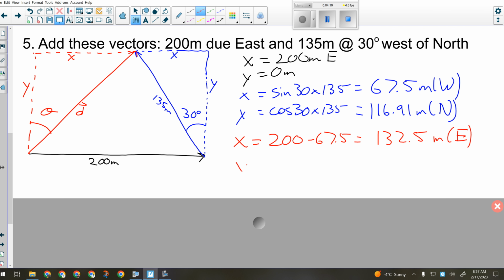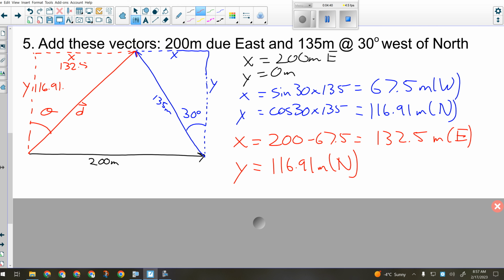And for my y component, well, since black y is 0, the only time I go north or south is on blue y. So blue y and red y are the same number. So they are going to be 116.91 meters north. All right, so now I know this one, and I know this one.